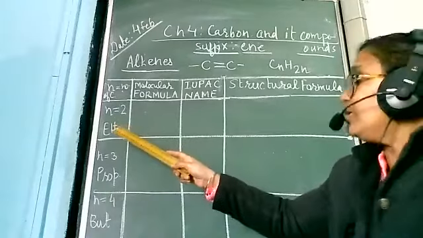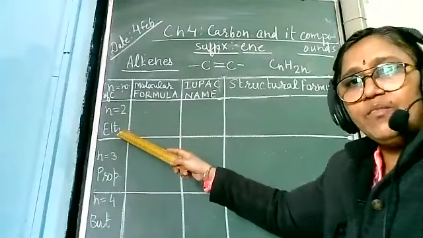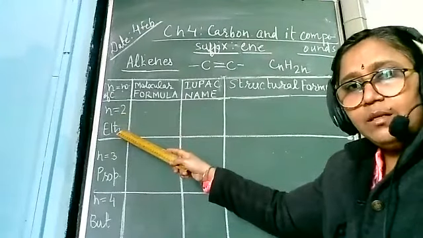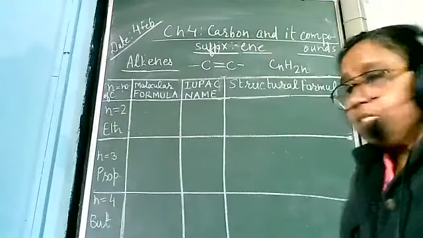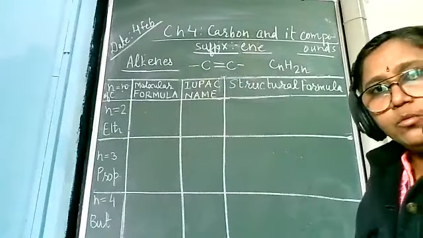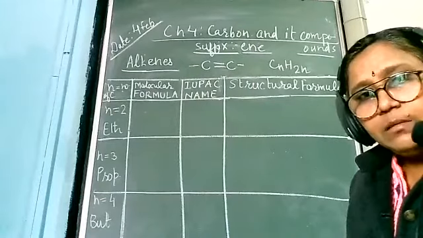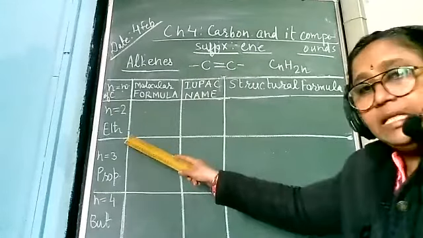Yesterday we discussed if n is equal to 2, the compound will have the prefix eth. What will be the suffix here? Alkenes we are discussing. So what will be the suffix? I have already written on the board also. Ene, right? So that means ethene.